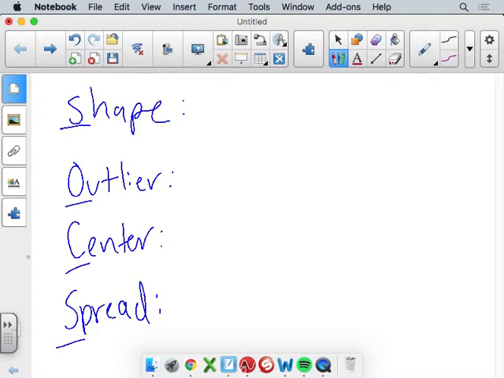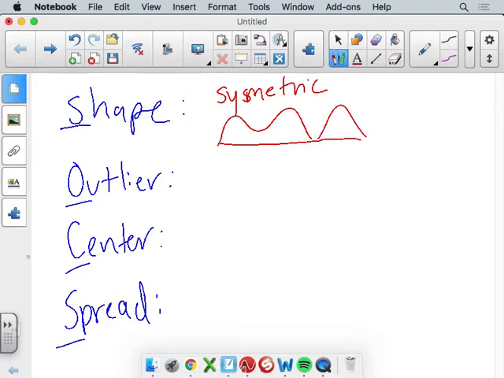So you've got symmetric, which could be like this. There could be many different things as symmetric.